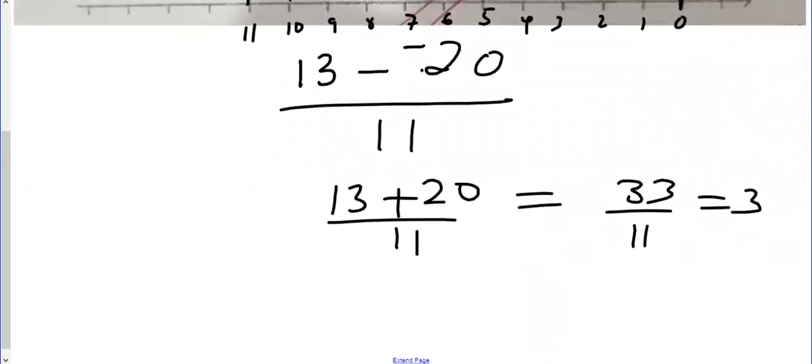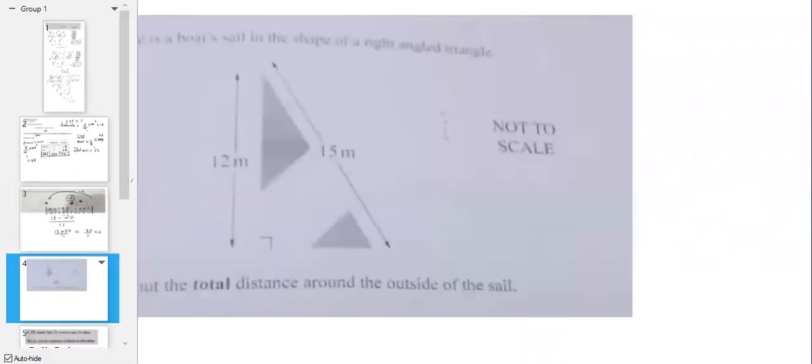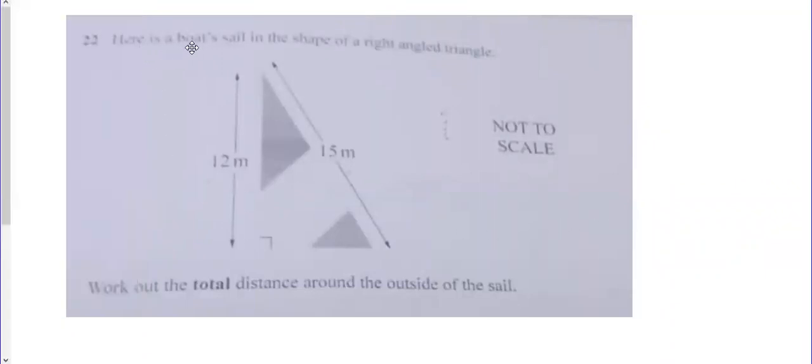Right, so the next question will be this question here. The photo is not clear, but we'll try to fix this. So here is a body cell in the shape of a right-angled triangle. So we have a right-angled triangle.